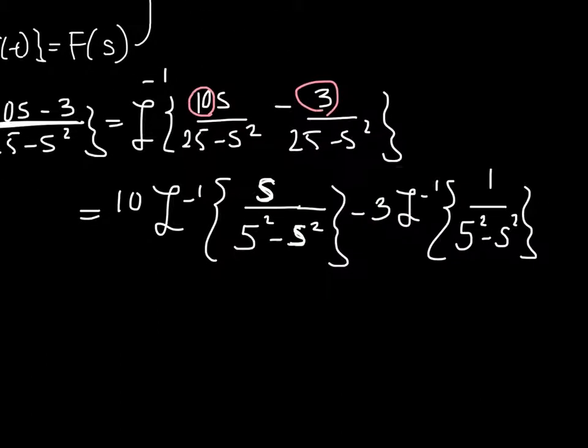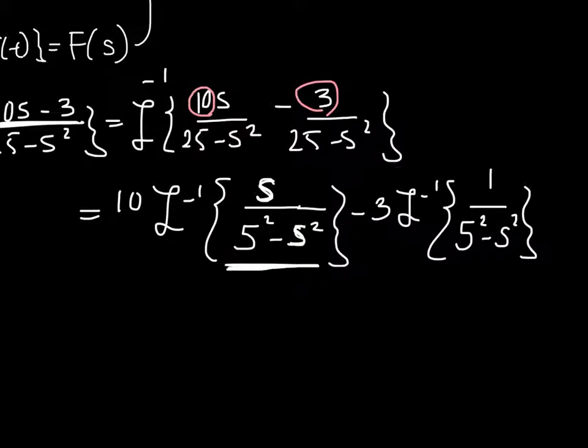Okay, so we go back to our table, and we ask ourselves, do I see this expression, s over some constant, maybe k squared minus s squared? I'm looking at the table, and we have an s, so I'm looking at a hyperbolic cosine, and it looks like s over s squared minus k squared.